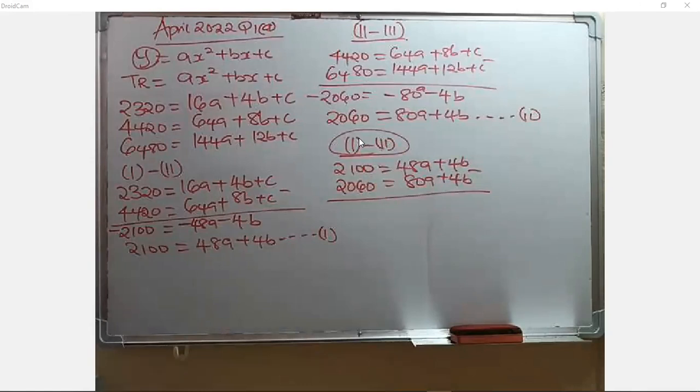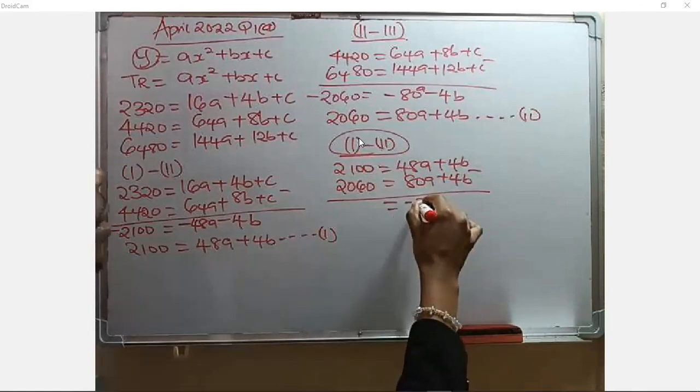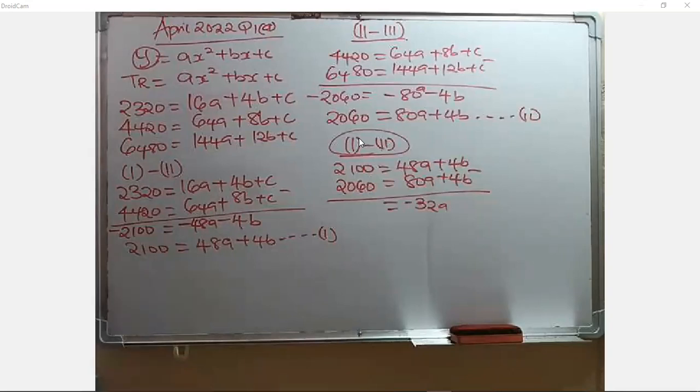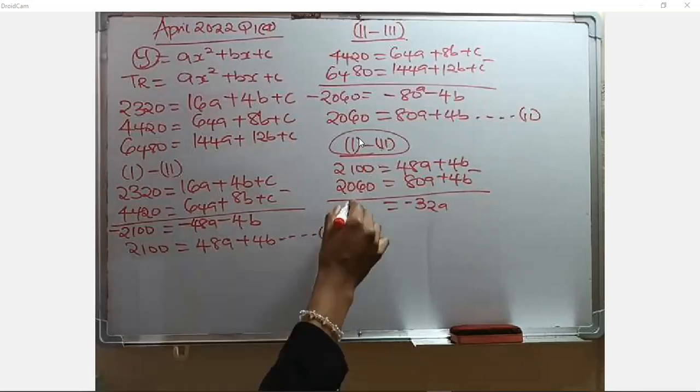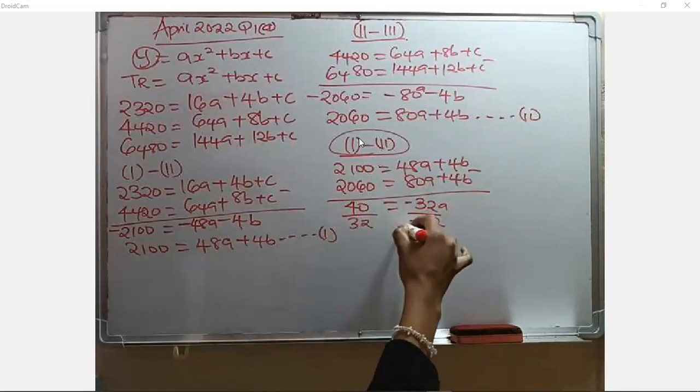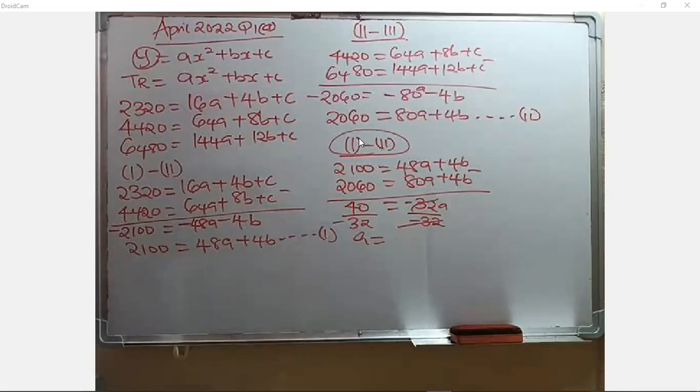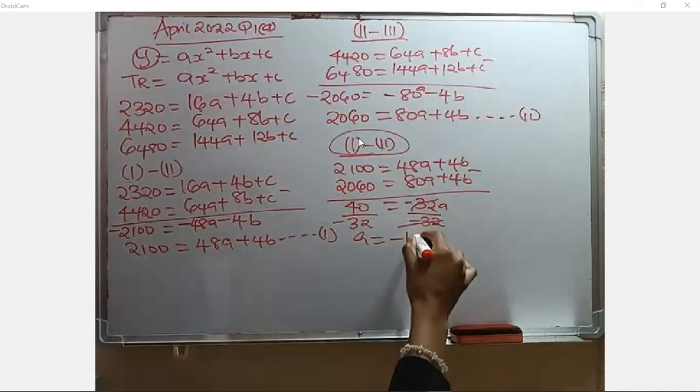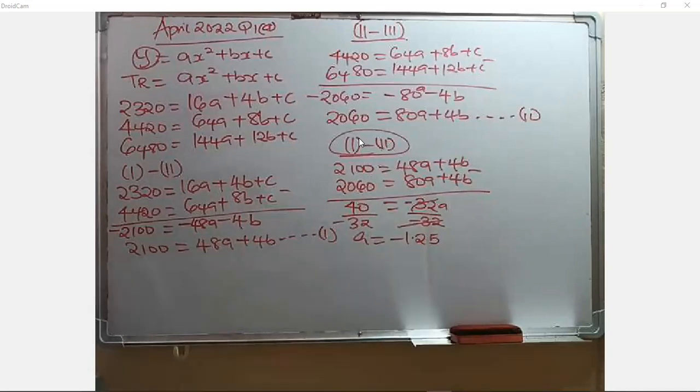So it will be 48 minus 80, we get negative 32a, and 2100 minus 2060 gives 40. To get your value for a: 40 divided by negative 32, you are getting negative 1.25.